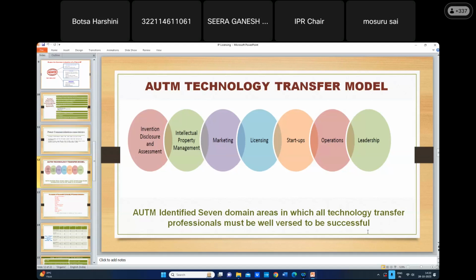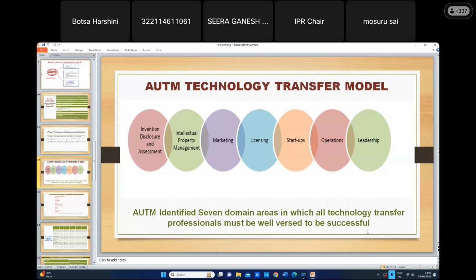It may be novel, it may be inventive, but market potential in the near horizon is also very, very important. All this assessment will generally be done by the Technology Transfer Office or IPR cell. Once they file the IP, they market it, broadcasting this invention to all the stakeholders in their own country and across the globe.